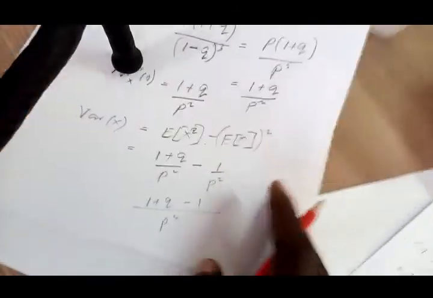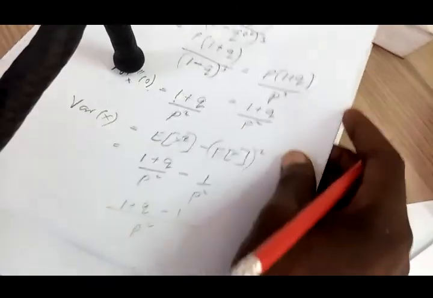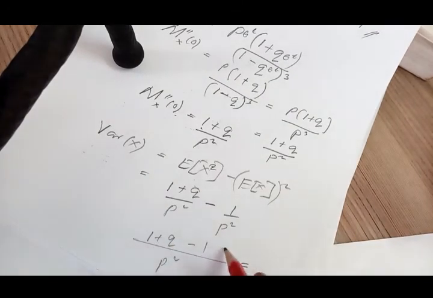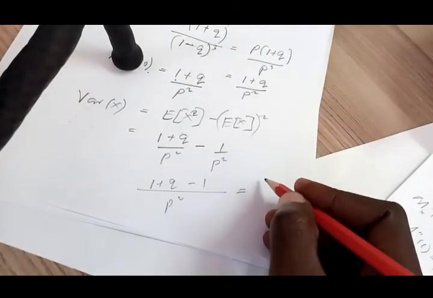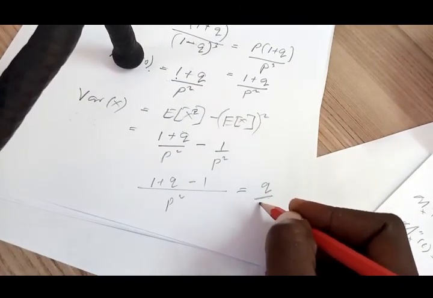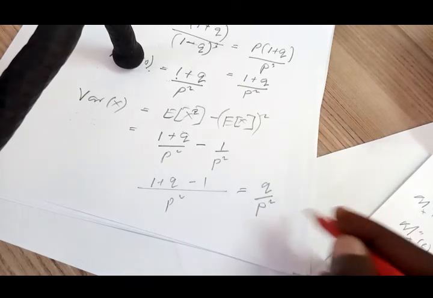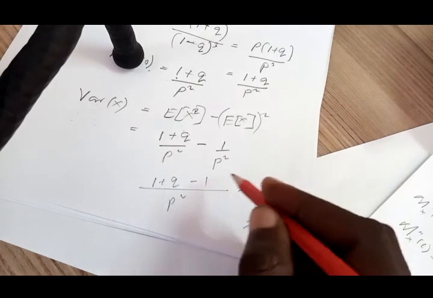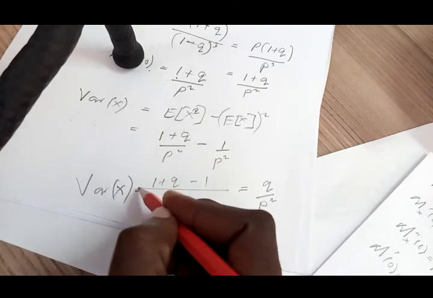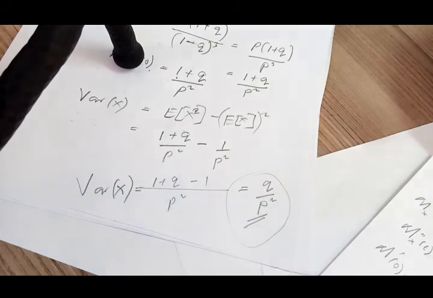Okay, this is what we're going to end with, and when we simplify this, it's going to be q over p squared. That is our variance. So in short, the variance of x, which is our random variable, is going to end up to that.